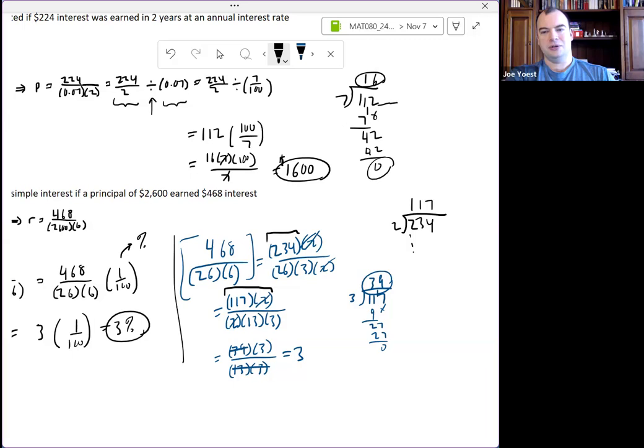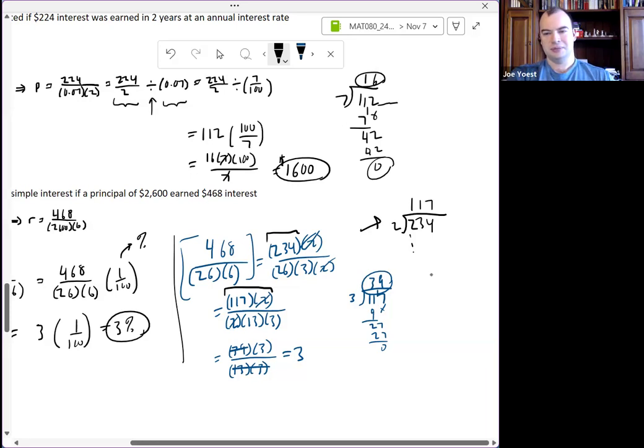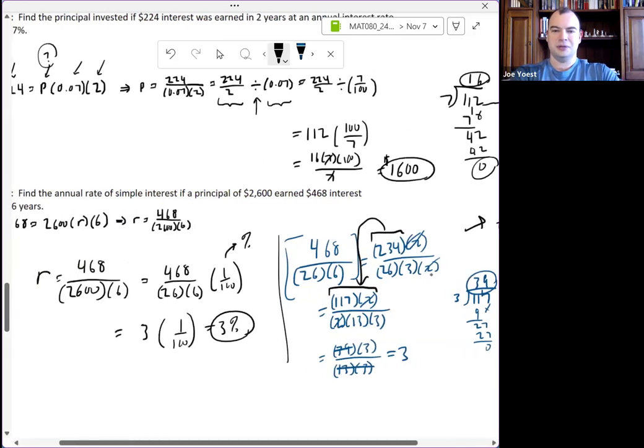Then I would have to add an extra 4 on top of that, which is 2 times 2. So 115 plus 2 gives me 117. Either way, I could think of it a little more heuristically, which is a little quicker, or I could do the long division and get 117. So this 234 turned into 117 times 2. Any other questions?